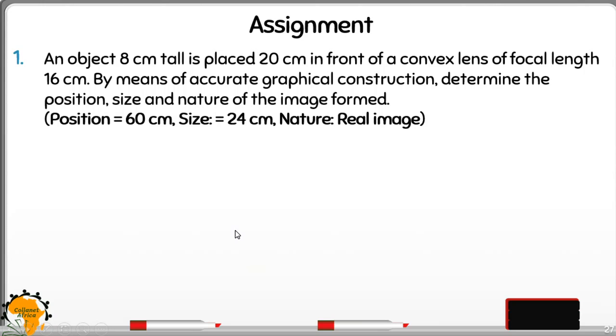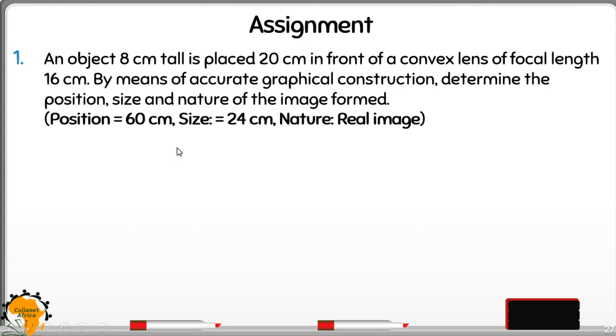Then we move to the assignment. As you can see, in this assignment you are supposed to accurately draw, that is by means of accurate graphical construction, determine the position, size, and the nature of the image. When you are drawing a graph, ensure that you have a pencil and a 30 centimeter ruler.